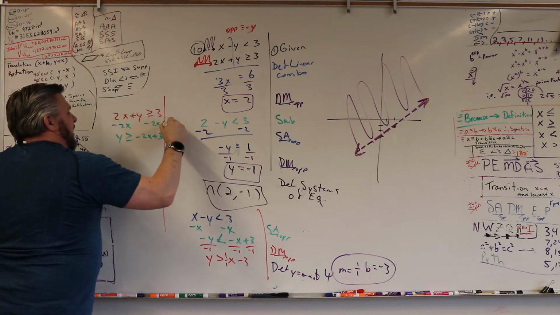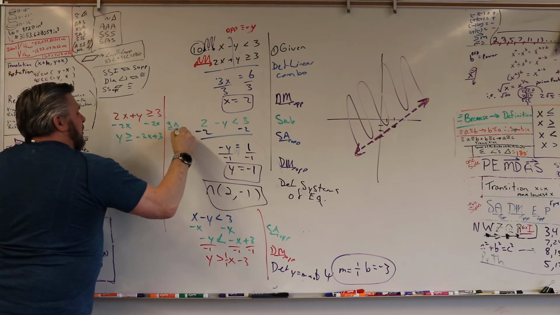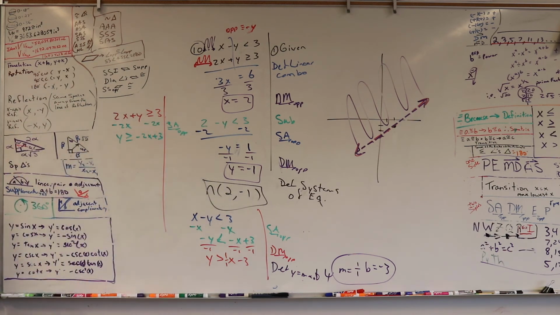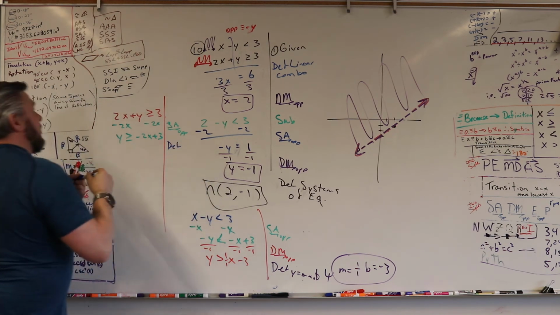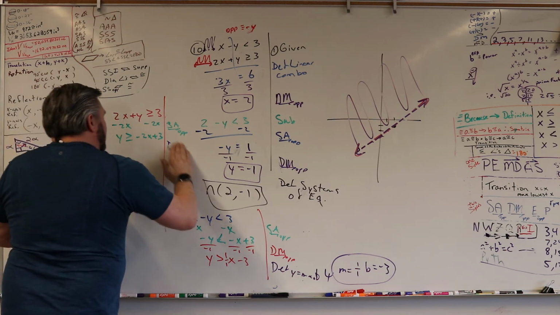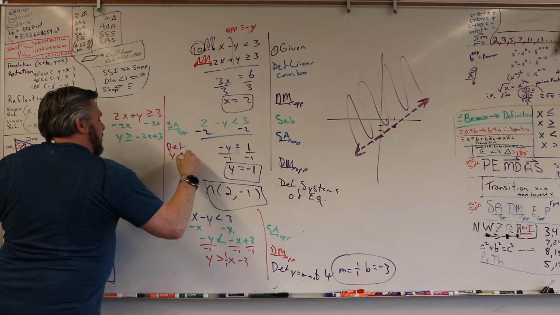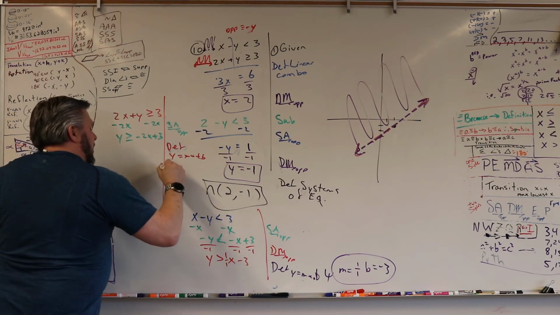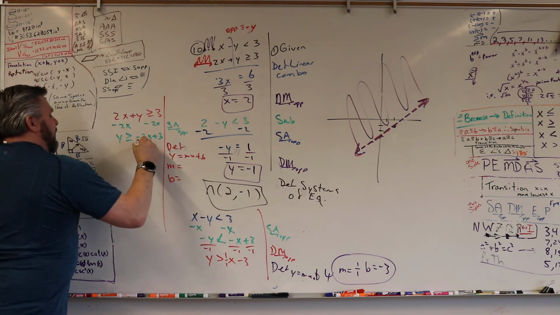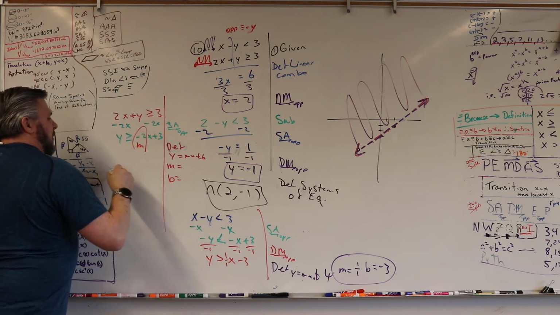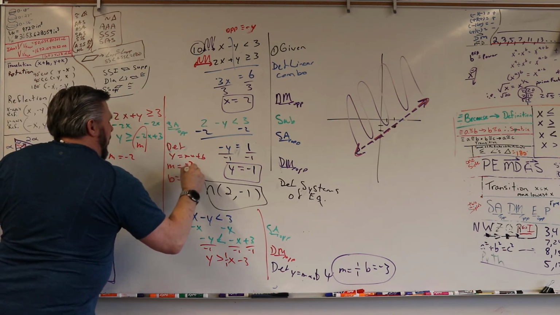So I did SA, right? And then definition of, let's do it in red right now so we don't get confused. So definition of y equals mx plus b gives me that m is equal to and b is equal to. So m is equal to negative 2, which means it's negative 2 over 1, right?